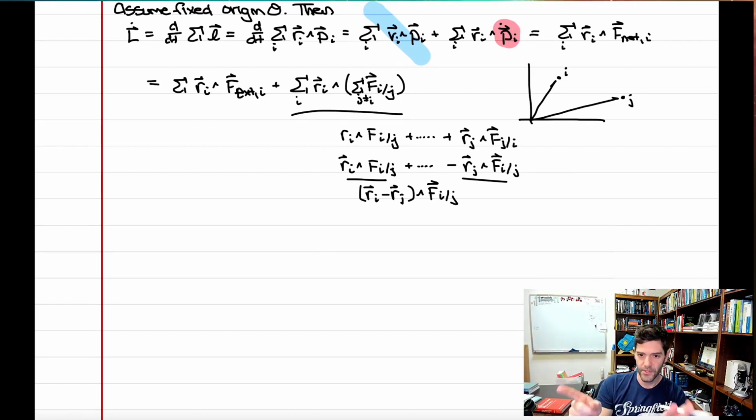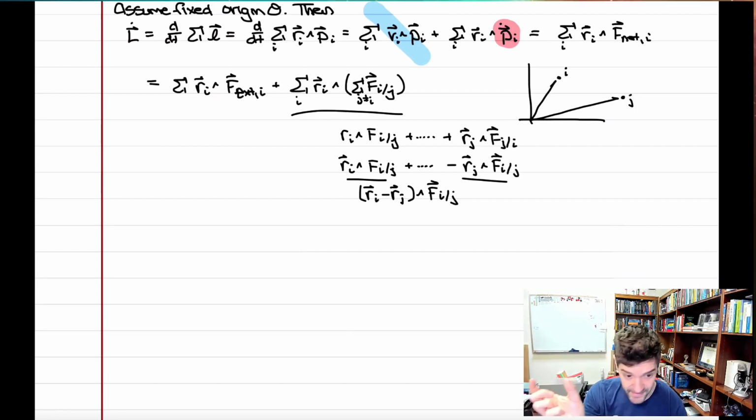Those two terms that have the Newton's third law pair added together are the same thing as r of I minus r of j, whatever that position is, which actually we know what that is.